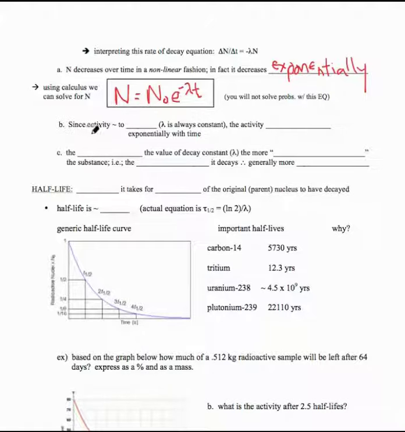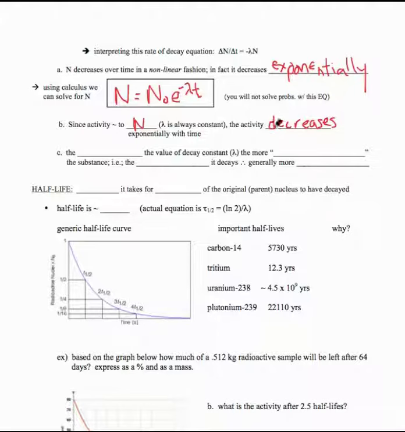Right, the next point we want to make is that since the activity, this whole term, is proportional to N, and lambda is always constant, the activity itself will decrease with time as well, and it is an exponential decrease. So we can make plots of how many nuclei we have left after a certain amount of time, or we can look at how quickly it's decaying as a function of time, and it follows not exactly the same curve, but the same shape curve.